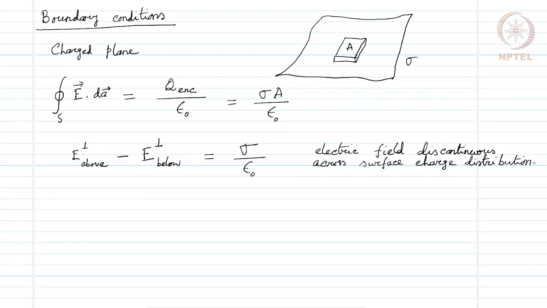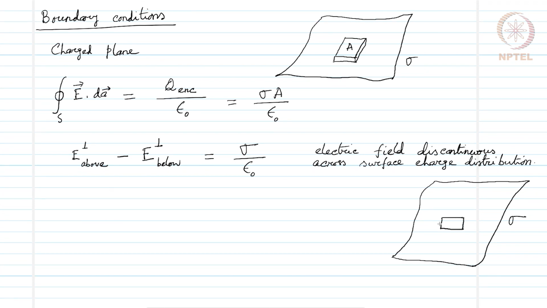Okay. In that situation, we have to find out the tangential component of the electric field also. If we are supposed to find out the tangential component of the electric field, we have to consider similar charge distribution with density sigma, and this time let us consider a loop across this charge distribution, this surface.